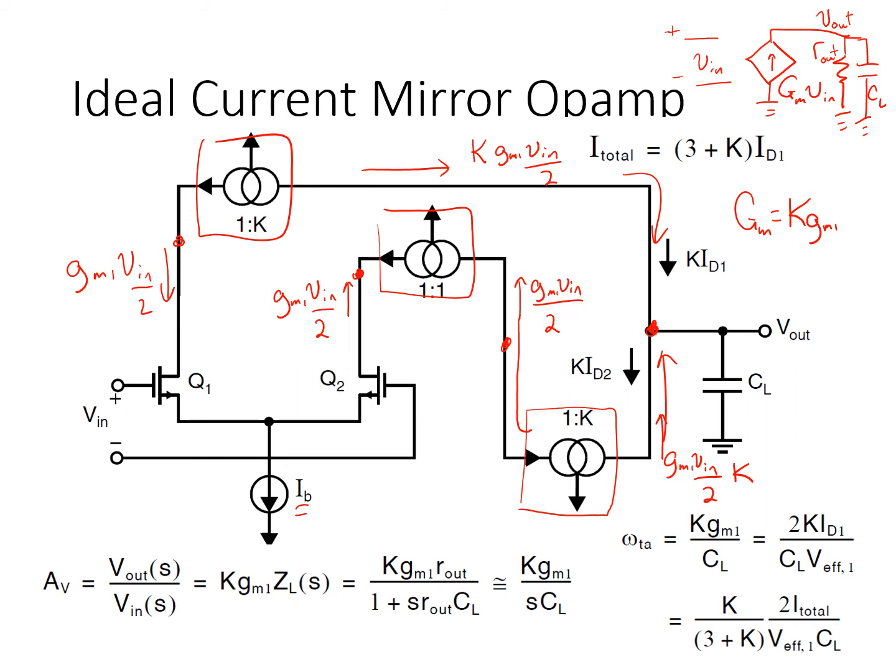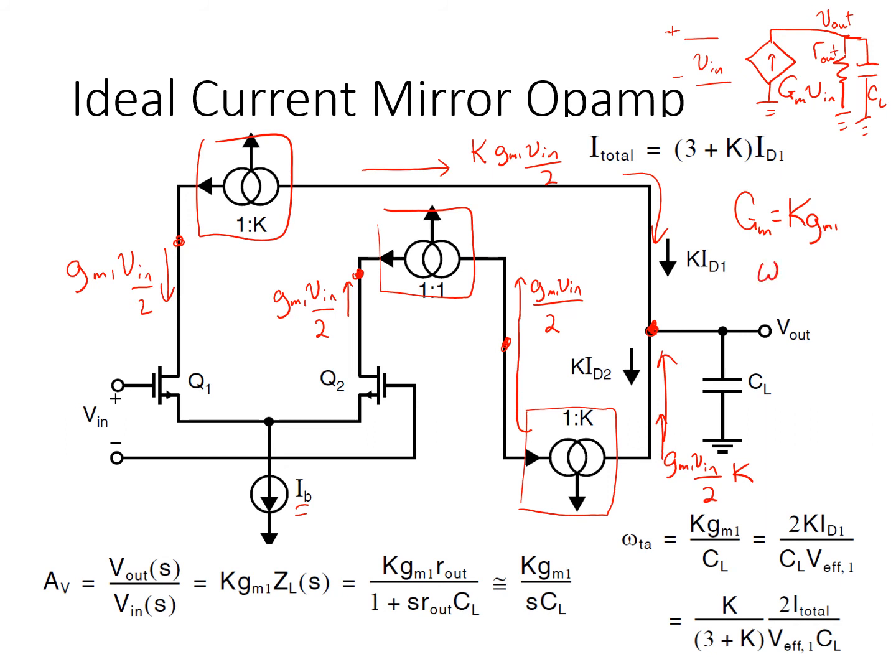The output node sees only the outputs of two current mirrors. So Rout can be made large. Those current mirrors can be cascode current mirrors or even gain boosted cascodes to realize higher output resistance and therefore get higher gain. But the interesting thing here is, again, it's still a single stage amplifier.